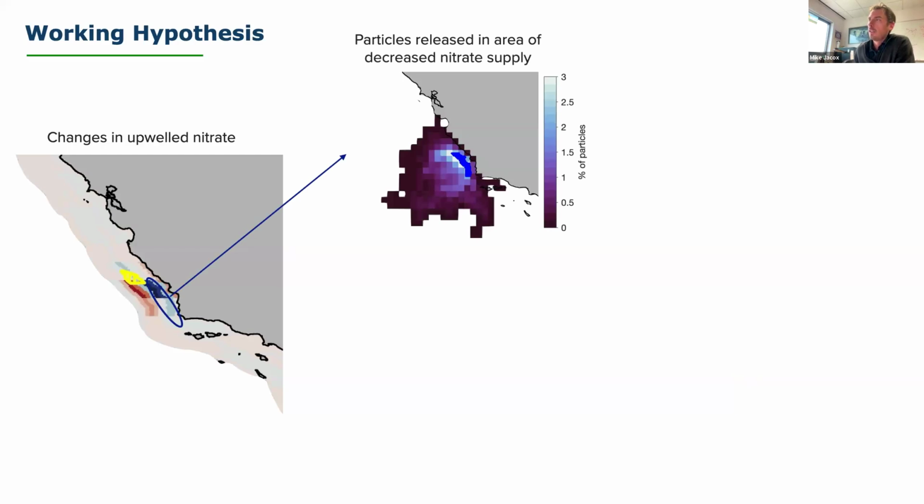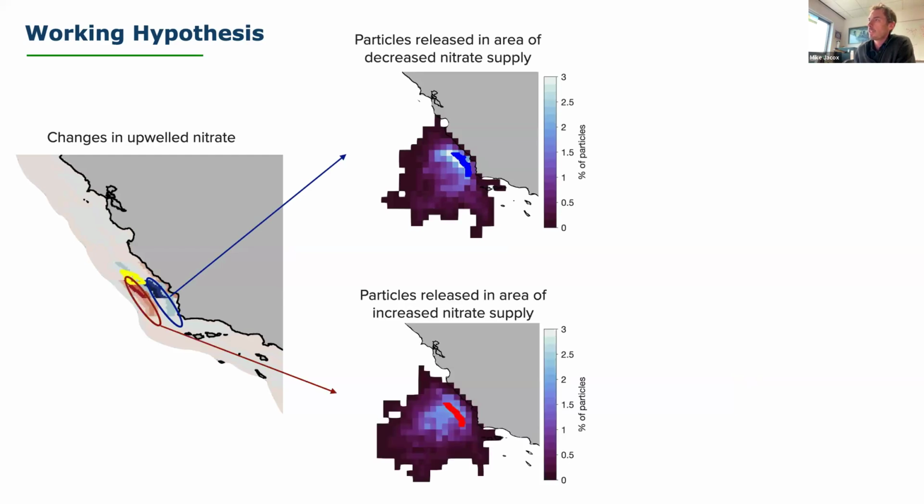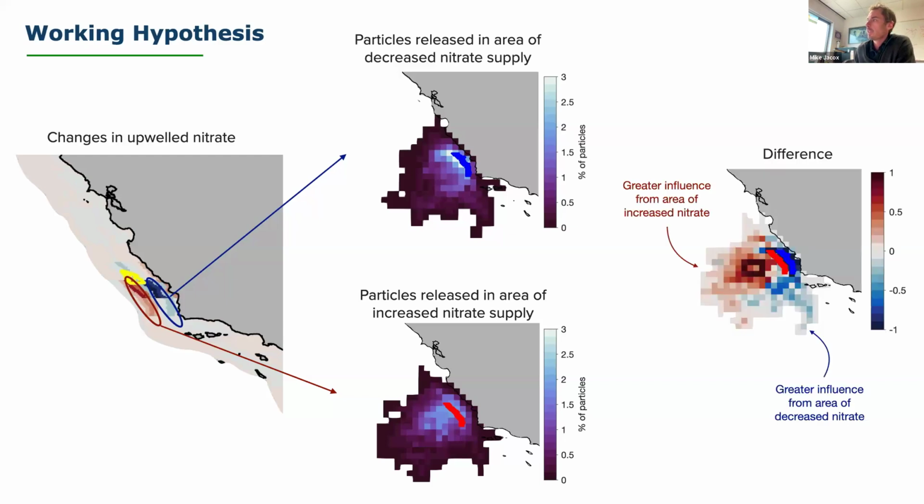So here, putting a bunch of particles into the area where the nitrate supply is decreased and seeing where it goes over the course of 10 days. And this plot in the middle top shows the distribution of those particles after 10 days. We can do the same thing from the area that's getting an increased nitrate supply. And then by looking at the difference between these, we can see what areas are influenced relatively more or less. And so that's what this is here.